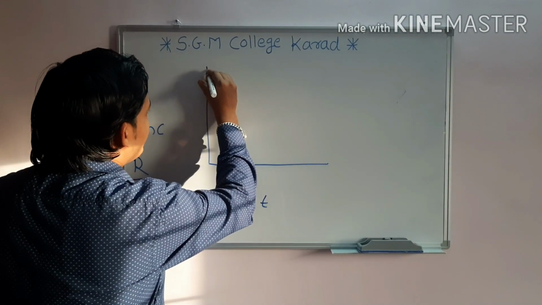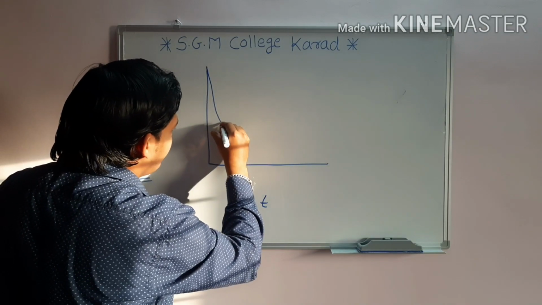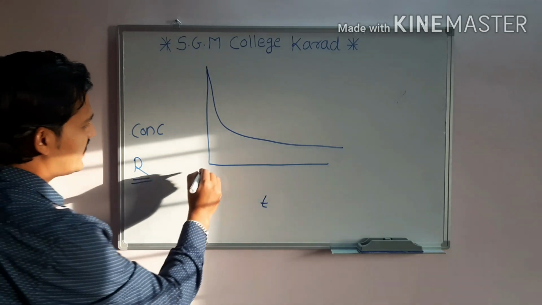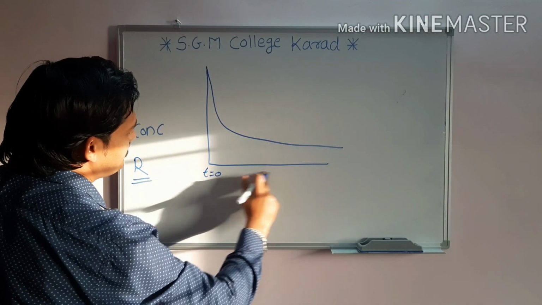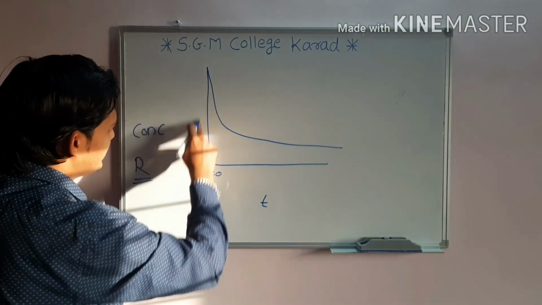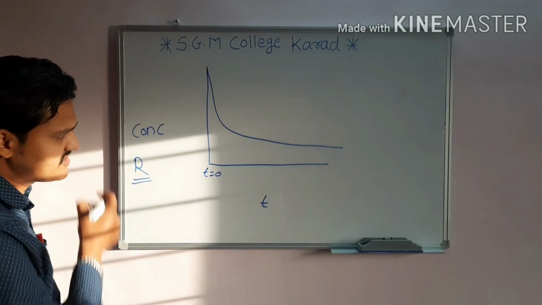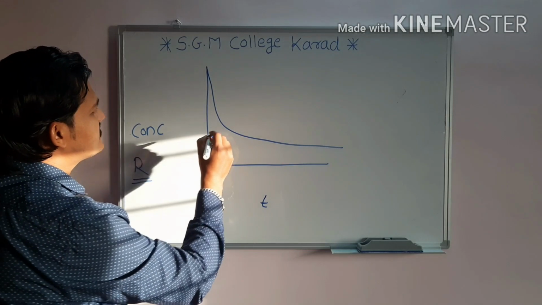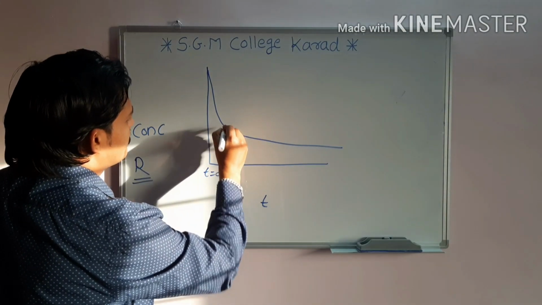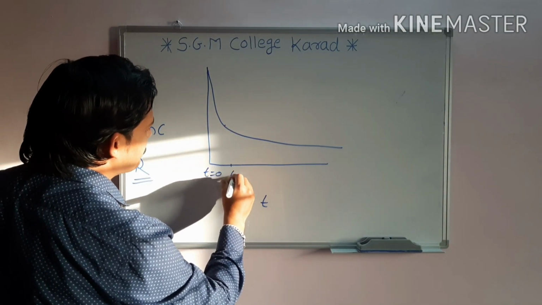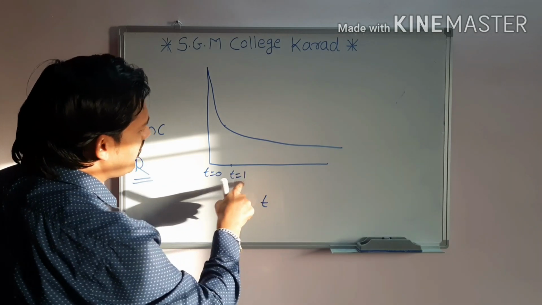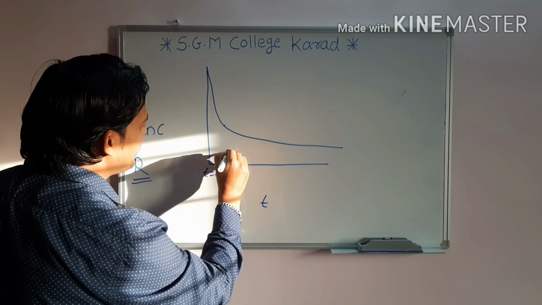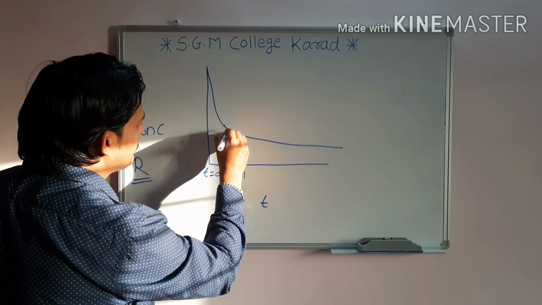Here the time is equal to 0. As time increases, concentration decreases. Let us say these are the first points. Let us say what the concentration is at time 1 hour. Okay, I am joining the points on the graph.